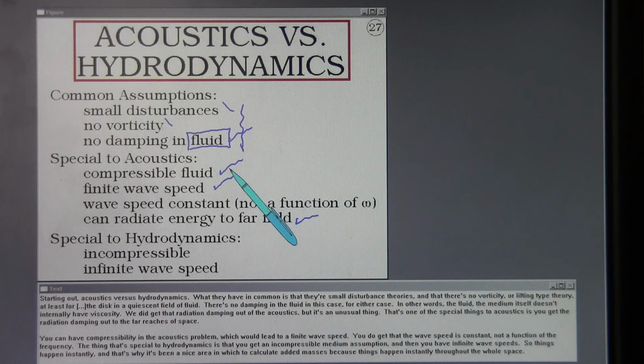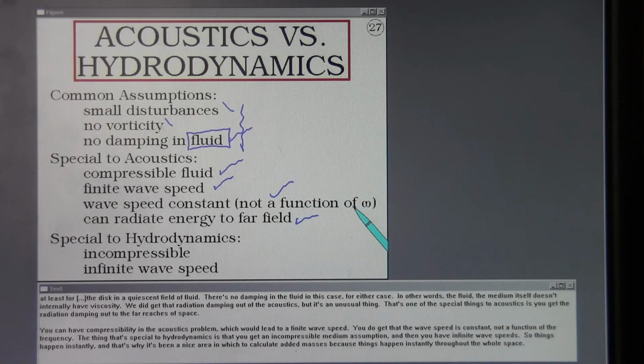You do get that the wave speed is constant, not a function of the frequency. The thing that's special to hydrodynamics is that you get an incompressible medium assumption, and then you have infinite wave speeds. So things happen instantly, and that's why it's been a nice area in which to calculate added masses, because things happen instantly throughout the whole space.